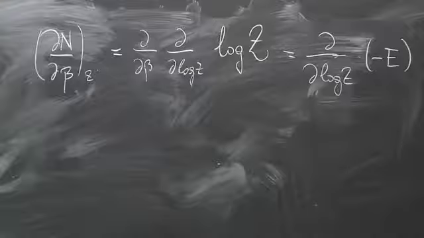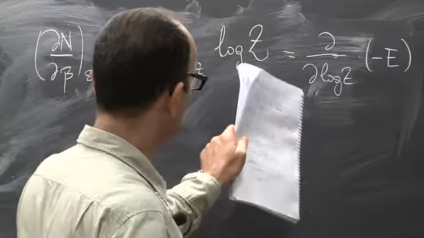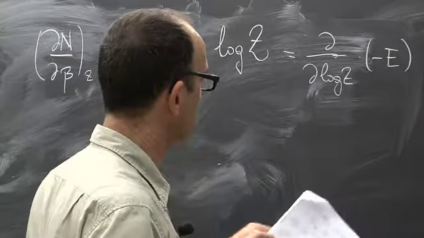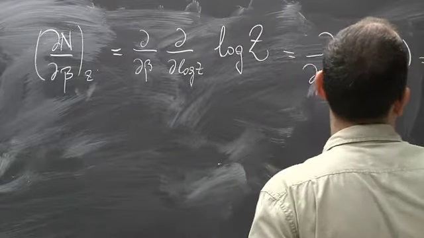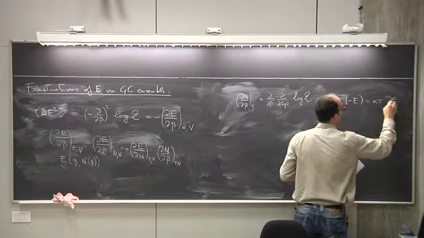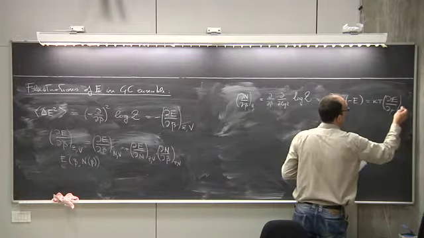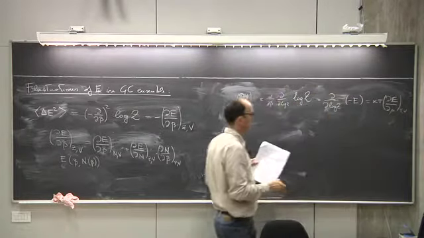And now this derivative has to be taken at constant T. So this is kT times the derivative of E with respect to chemical potential at constant T and V. Okay?